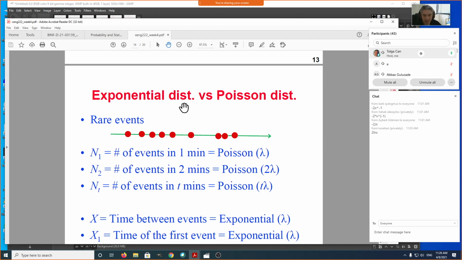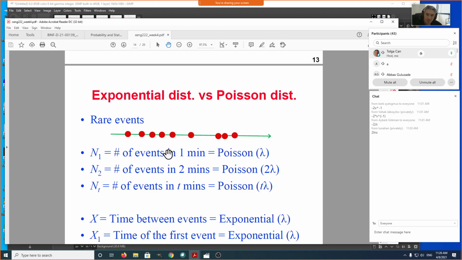And like many things in probability and statistics, there is no black and white distinction between rare and non-rare events. The distinction between them is really blurry, okay? We're not going to talk about non-rare events in this course anyway, so if you're confused about this, don't worry about it.